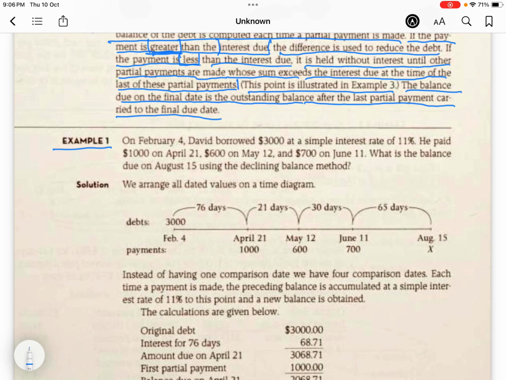Example number 1. On February 4, David borrowed $3,000. This is the debit, at a simple interest rate of 11%.